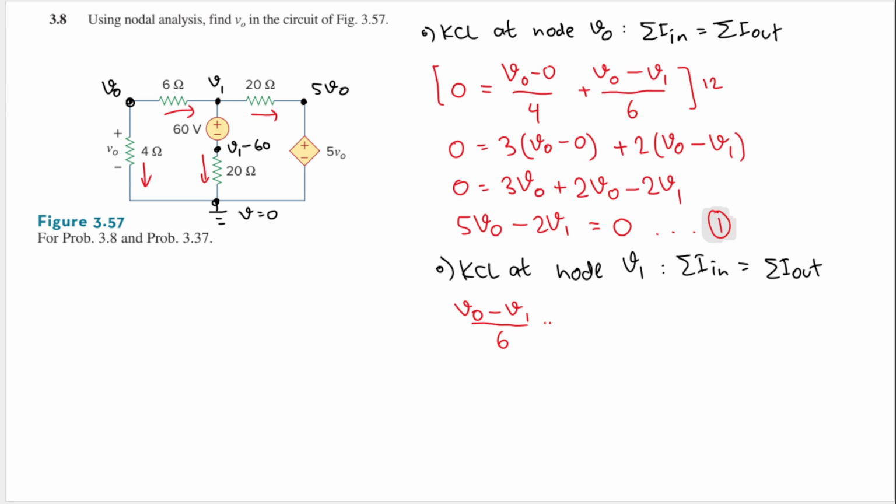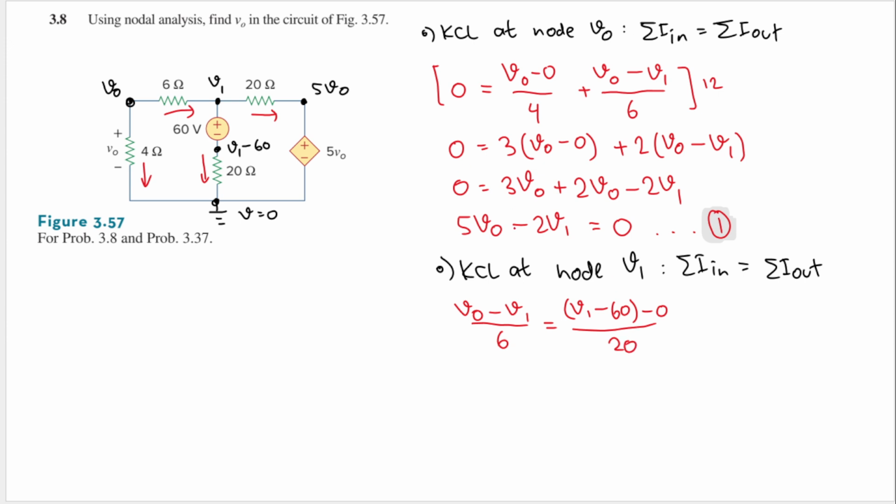And then the other currents that go out: this current here, we cannot calculate from this voltage source, but we can calculate from this resistor. Why? Because this is in series, so the current will be the same. So from this one, we get (V1 minus 60 minus 0) divided by the resistance between them, which is 20.